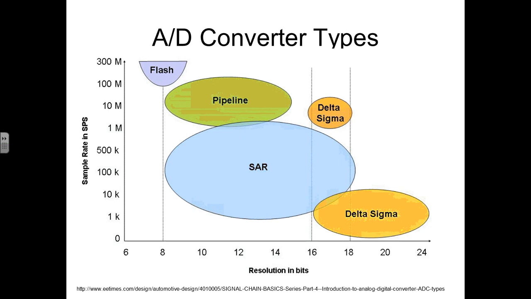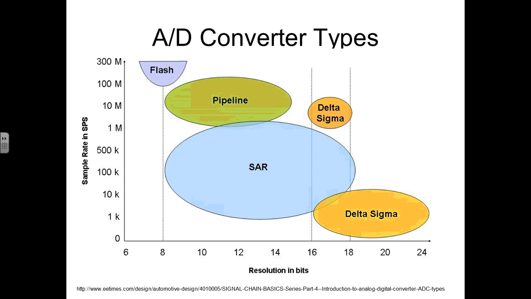Of all those types, this chart shows you what the trade-offs are between speed on the vertical axis and resolution on the horizontal axis. The delta sigma converters live in the realm of very high resolution, very slow converters. Successive approximation converters bridge between low and high resolution at moderate sampling rates.